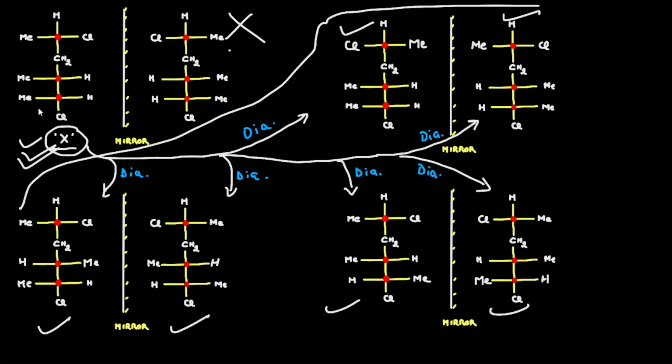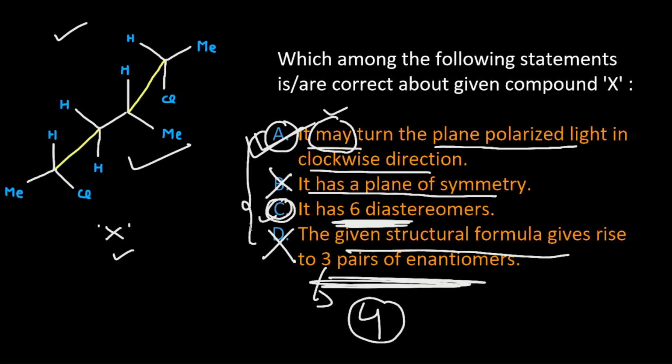So diastereomers are basically those stereoisomers which are not the mirror image of the given configuration. From this argument we come to the conclusion that X has 6 diastereomers. So coming to our original question, option C is the correct answer. In this question we have two correct options, option A and option C.